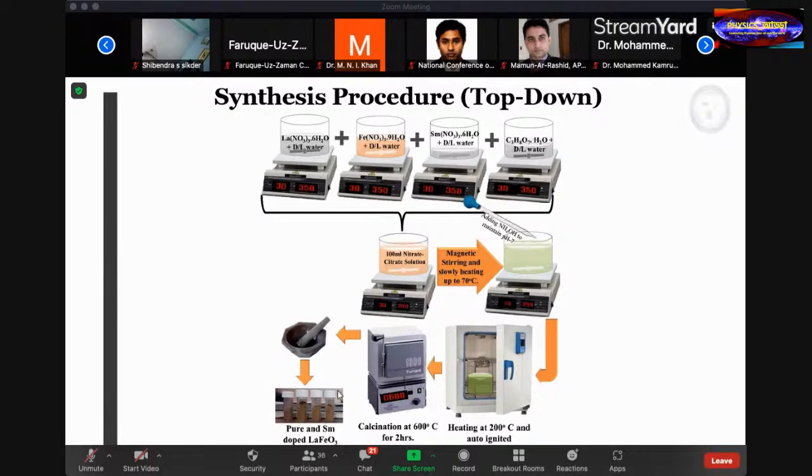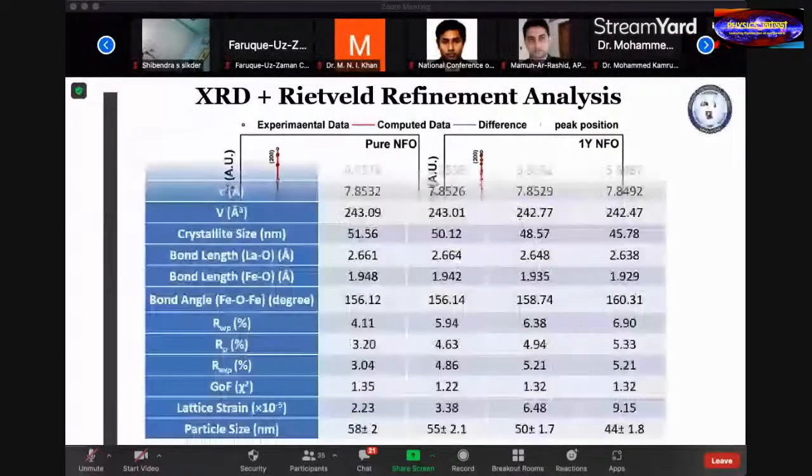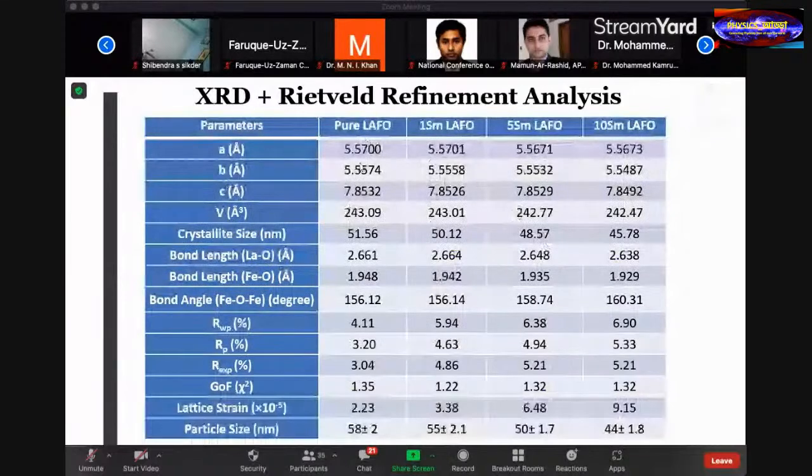These are the XRD and Rietveld refinement analysis. We can see this is for pure, and this is 1%, this is 5%, this is 10% doped. We found that there is no impurity in these peaks, and these are the output values for the refinement.